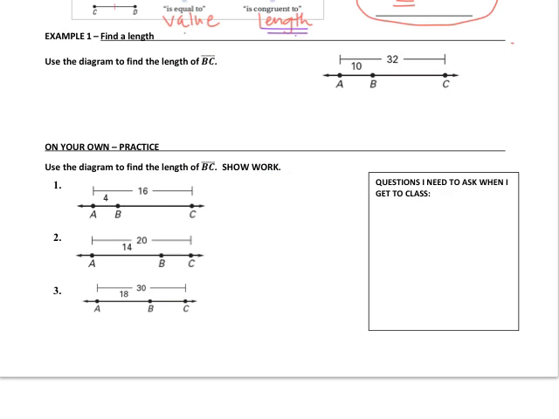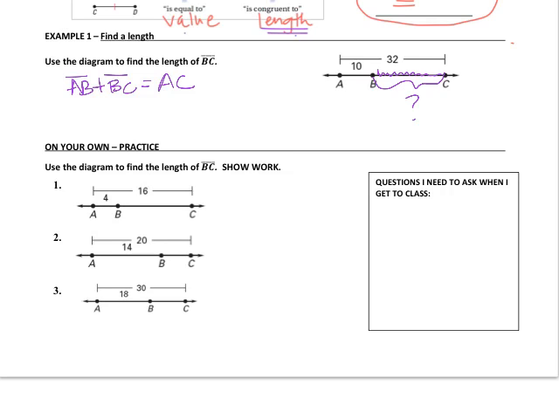Well, we've come to our first example. The first example says to find a length, and in this case, we need to find the length of BC. We don't know the length of BC. That's this portion of this line between B and C. How long is that portion of the line? Well, we first can go back to looking at the segment addition postulate and realize that AB plus BC is going to equal AC. And do we know how long AC is?